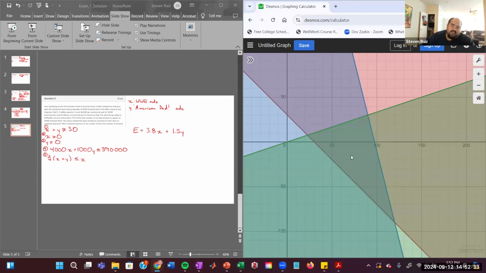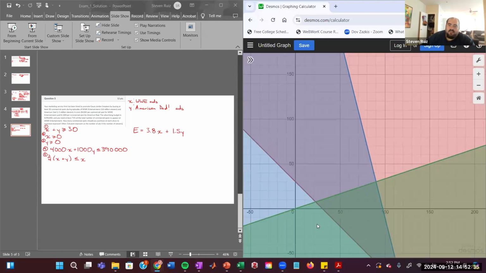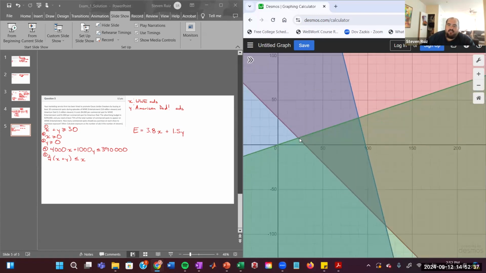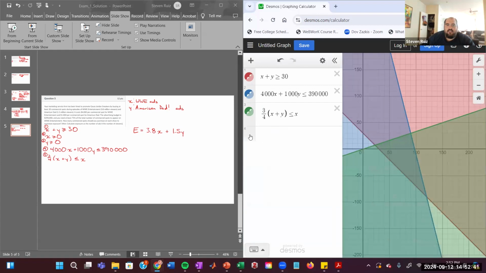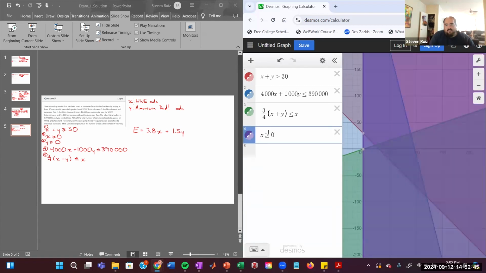Or is it? It doesn't really make any sense to be looking below the y-axis, so let's put one more inequality in here just because I need it. X is greater than or equal to 0. I don't know if that makes it easier to see. Yeah, let's go ahead and leave that off.